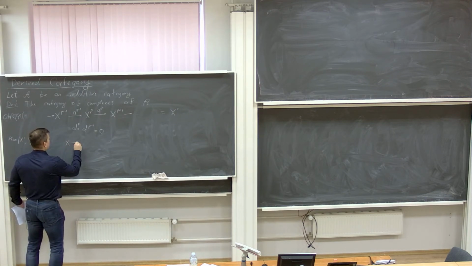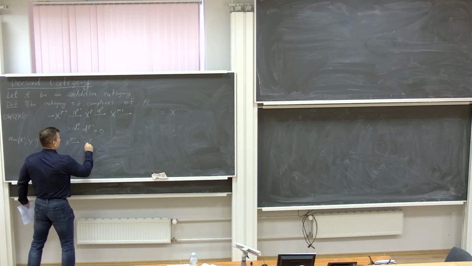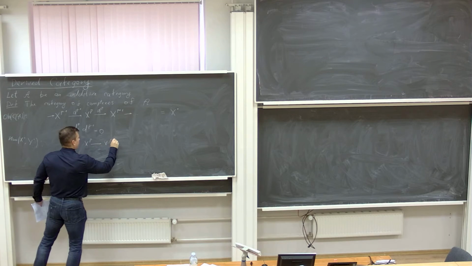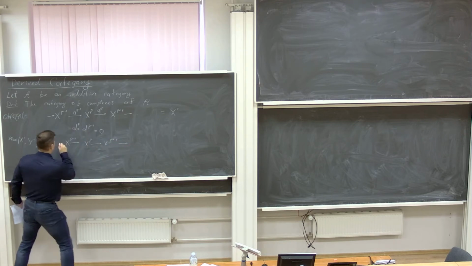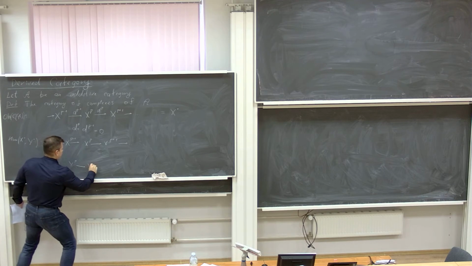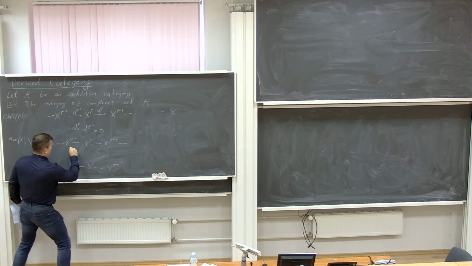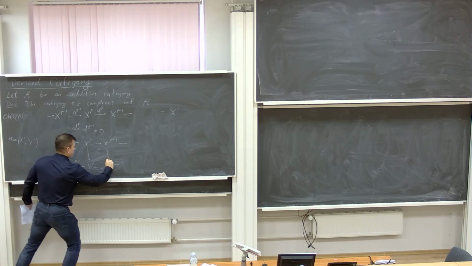You just write the first complex, write the second complex, and then the map between two such complexes is just, well, a family of maps between the objects.